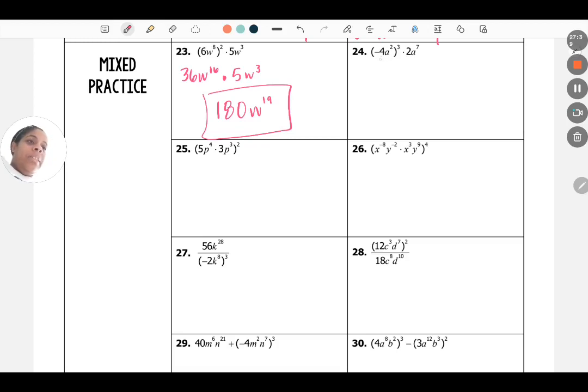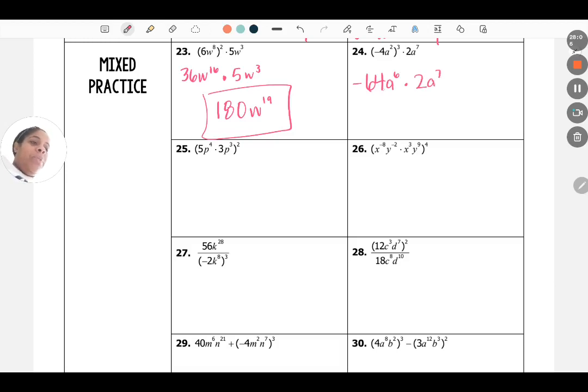We have to work on this one first. So we have -4 to the power of 3. 4 times 4 times 4 is 64, but it's negative because it's the odd number. So -64a, and 2 times 3 is 6, times 2a to the 7th.